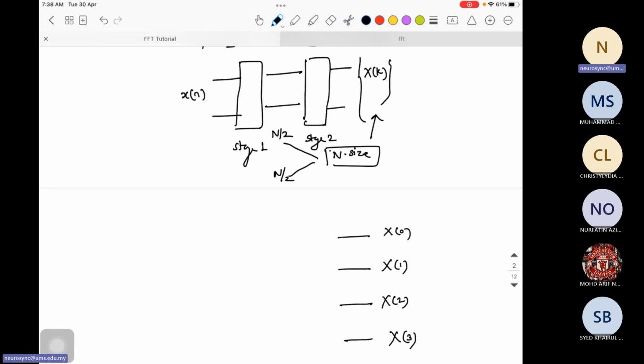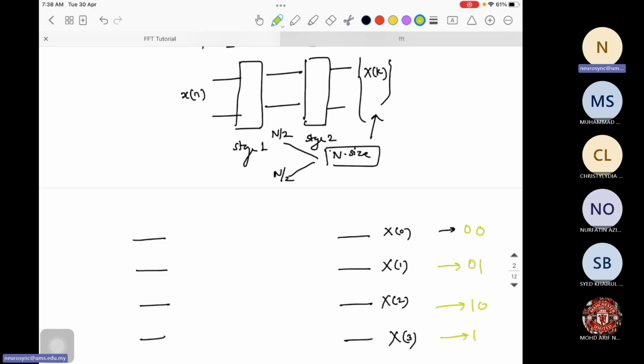Now using the bit reversal technique I can get the input, whatever the sequence of input, I can guess using the bit reversal technique. Now this is 0 0, this I can write 0 1, this is 1 0, and this is 1 1.